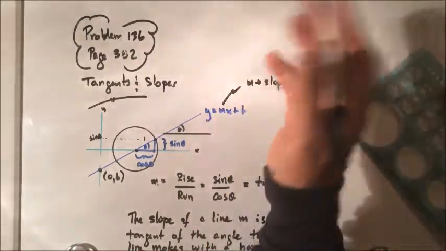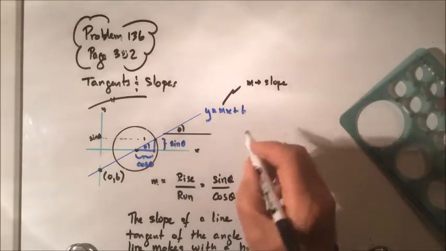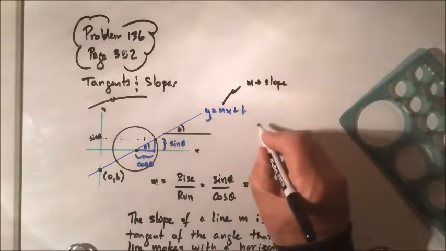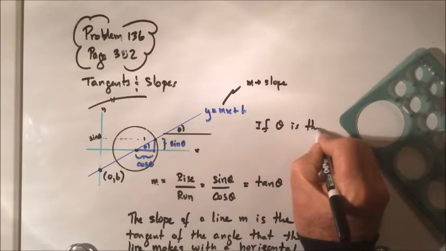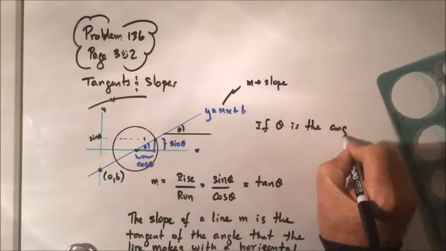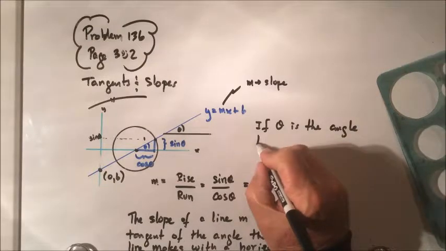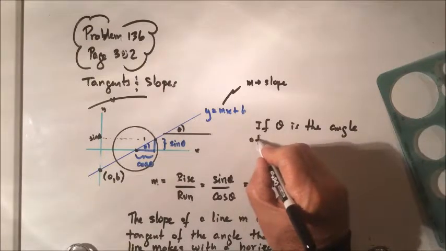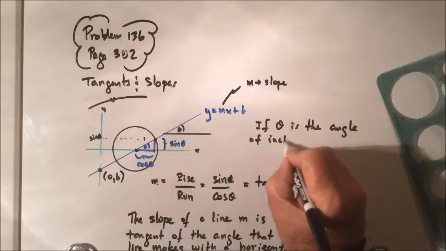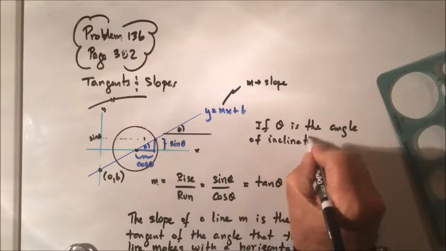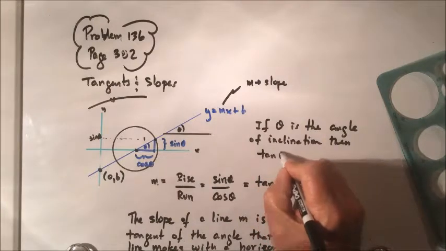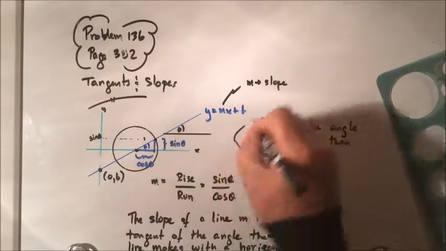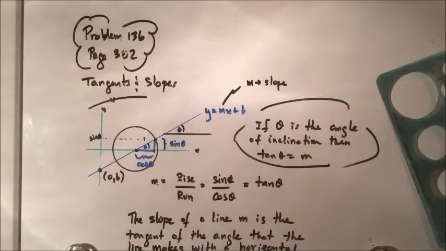So the punchline here is if theta is the angle of inclination, then tangent theta is the slope. Good. Let's quit there.